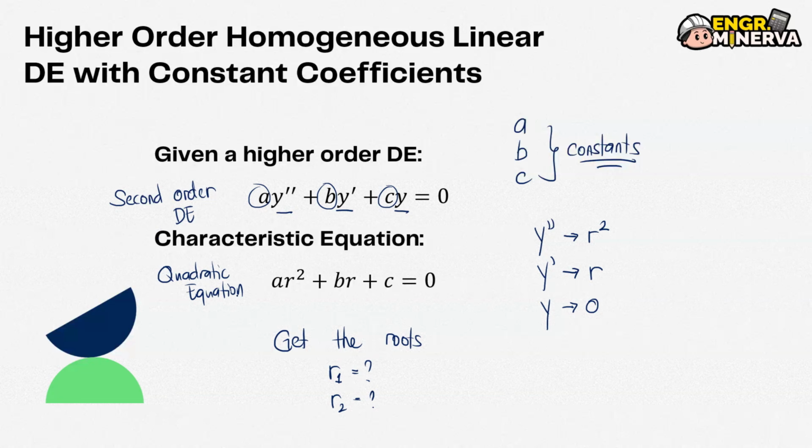To get the roots of a quadratic equation in algebra, we use the quadratic formula. But here, we will utilize our calculator to get the roots. So we will use the equation mode later on. Then after we get the roots, what do we do?